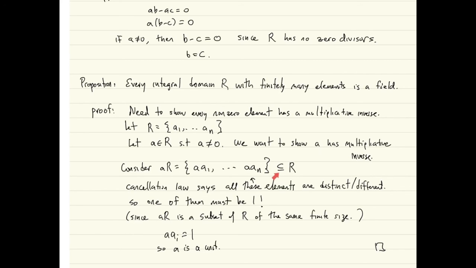So the subset actually could be, it's true, but it's also stronger that it could be equals. I could have written equals here. Okay, and so a times ai, for some i, is equal to 1, and so that shows that a is a unit. So this is a fairly tricky proof. Not the most important proposition, but interesting nonetheless.